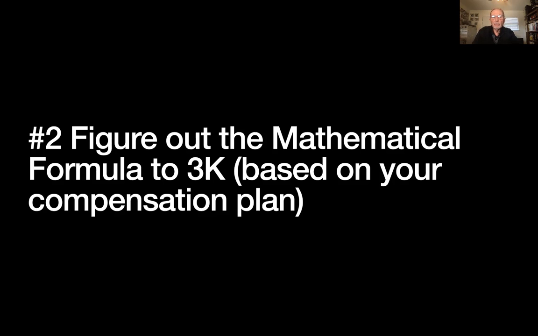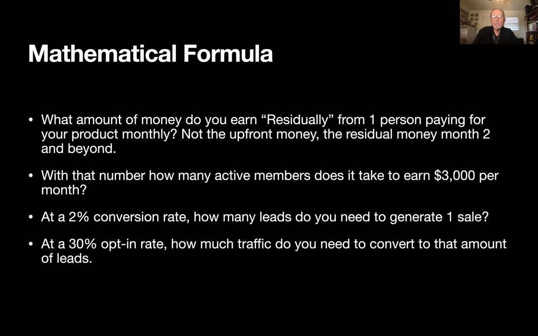So I want you to just analyze that or think about that. The mathematical formula is: what amount of money do you earn residually from one person paying for your product monthly? Not the upfront money, the residual money, month 2 and beyond. With that number, how many active members does it take to earn $3,000 per month?